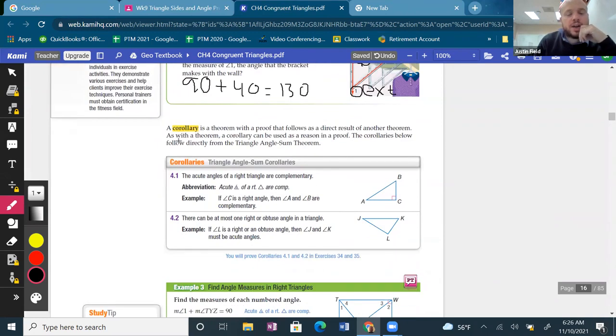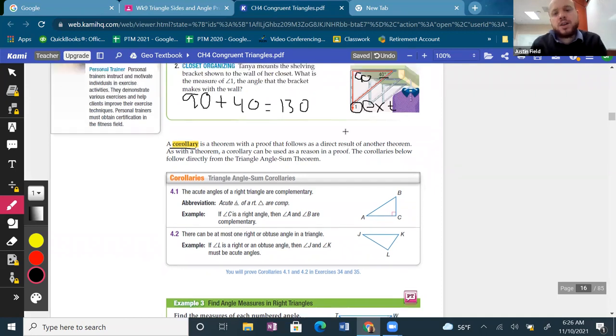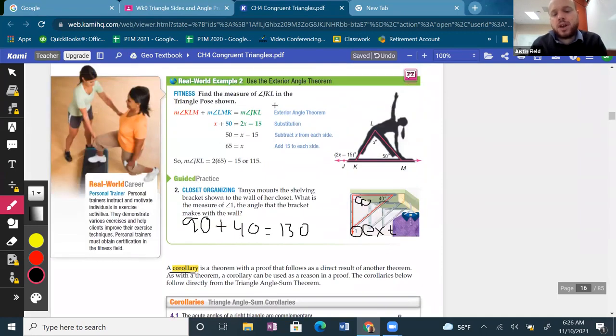And a corollary, please write this down. You want to know what we are talking about when we say corollary. That's a theorem with a proof that follows as a direct result of another. So you have this triangle sum theorem, and then if you can say, oh, by the way, that also means that the remote interior angle is true, then we could call it a remote interior angle corollary.